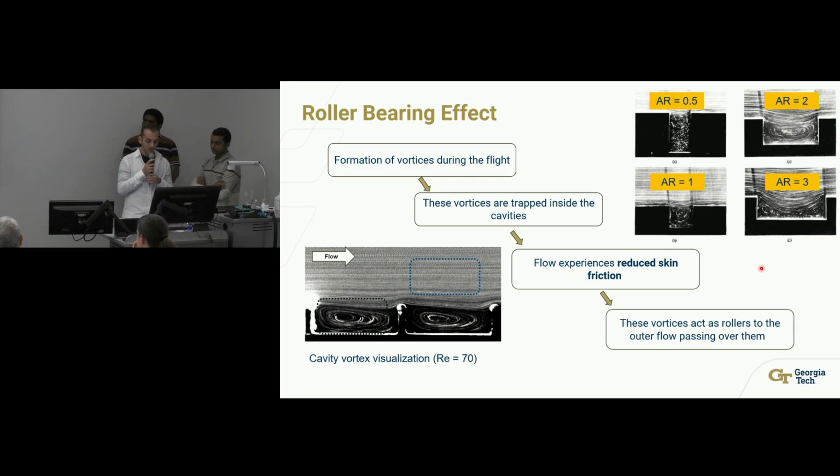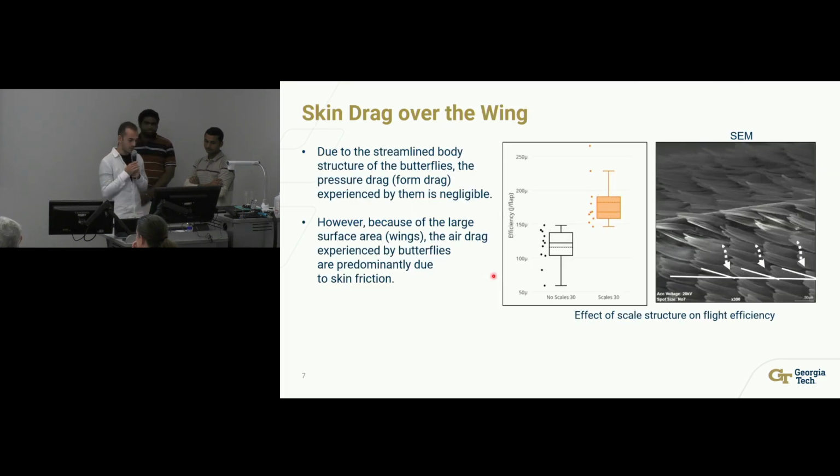So in other words, these vortices act as rollers to the outer flow passing over them, because these vortices form rolls in that direction, which kind of accelerates the flow upwards. So yeah, this is what the roller bearing effect is.